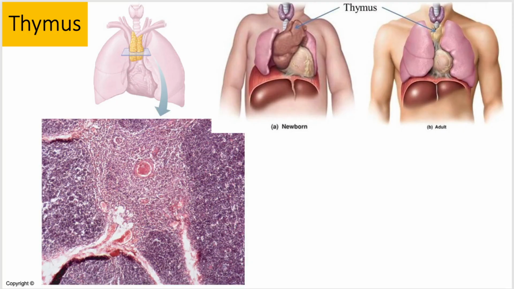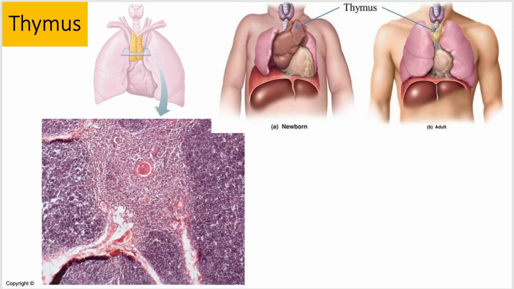You'll notice the thymus has two lobes here in this top left cross section. This is what the tissue looks like if you were to take a cross section of it, sort of a transverse plane, and just look at what the tissue looks like. This is actually much more important in the early years of one's life. In a newborn baby, for example, the thymus is much larger and much more active.